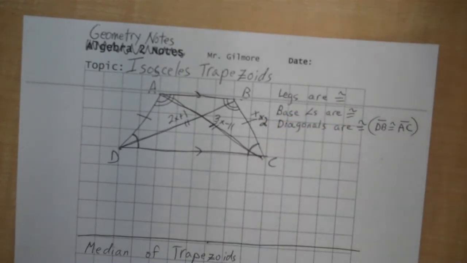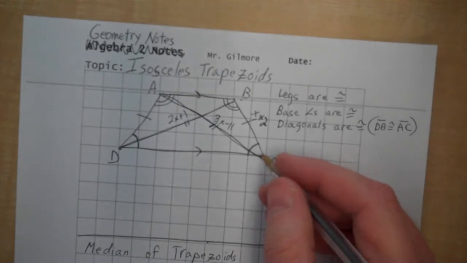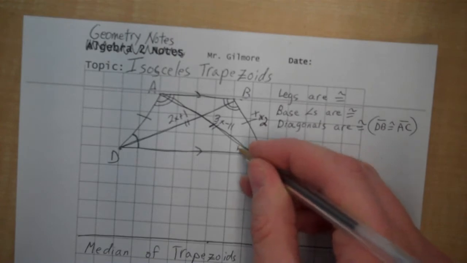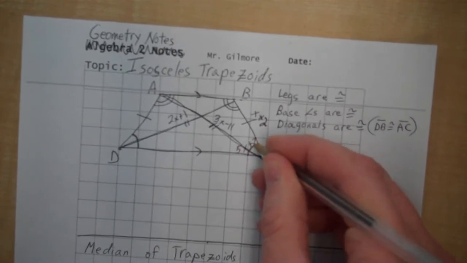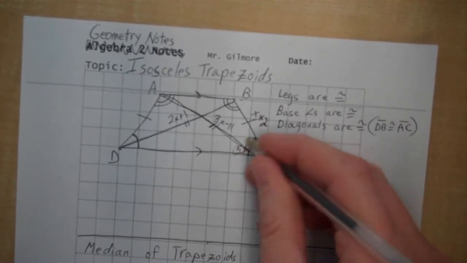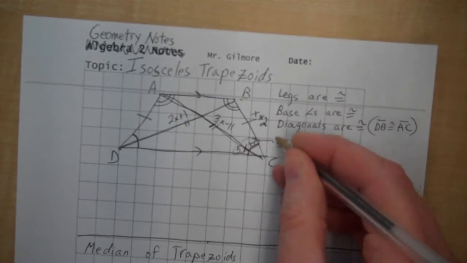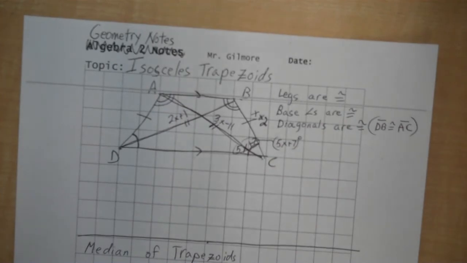And one more. Let's put angle C equal to 5x plus 7. Angle C is 5x plus 7 degrees. The rest are just lengths. Now I want to just find everything that we can.